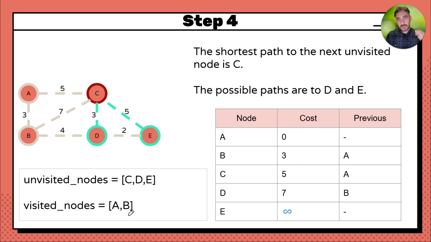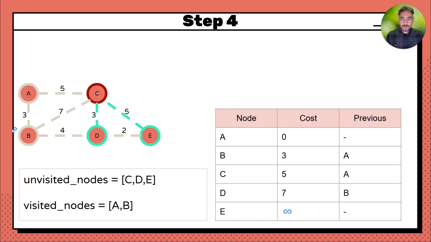Now we look at the node with the shortest distance from the start that hasn't been visited, and this is C. From C, we can see that the possible paths are to D and E. If we do the same kind of calculation again, the path to D is going to be 5 plus 3, which is 8. But the path that we already have to D, coming from B, is 7.